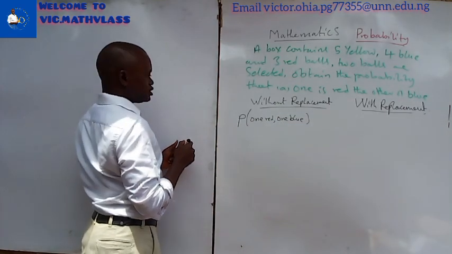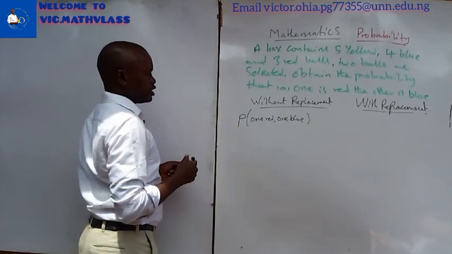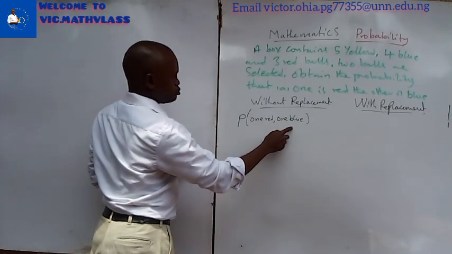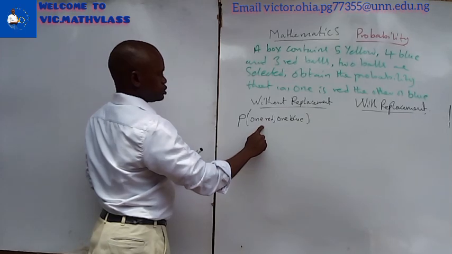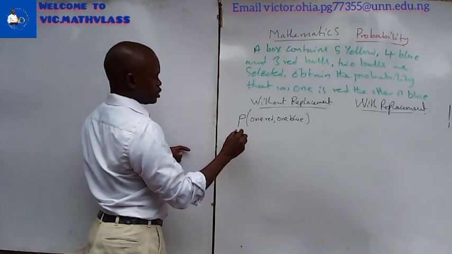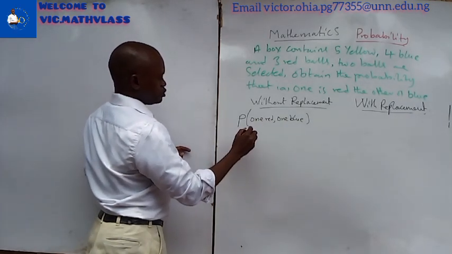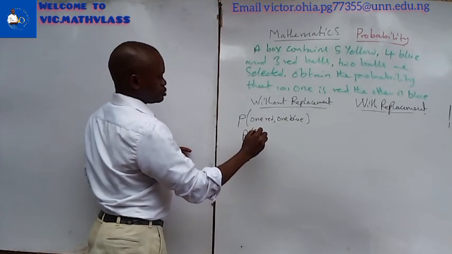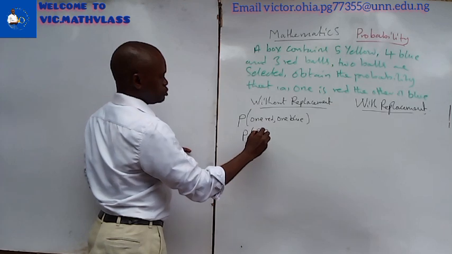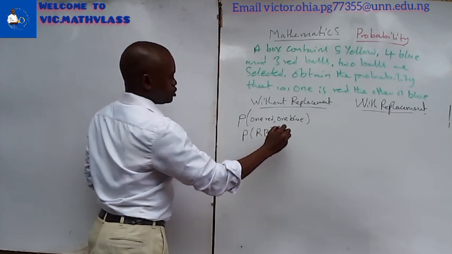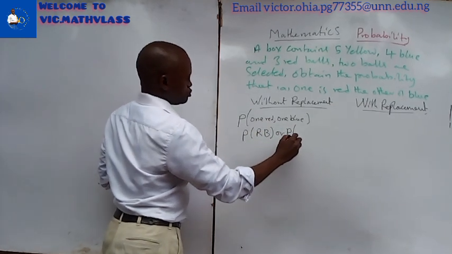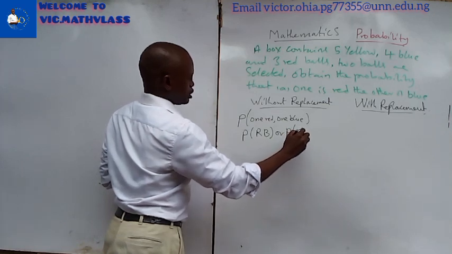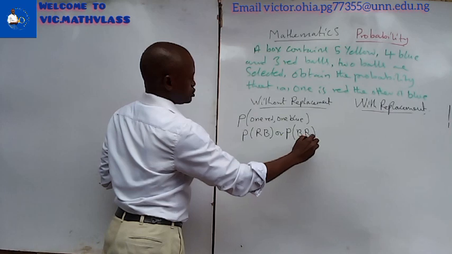Now, you realize here that this didn't define that the first is red and the second is blue, or the first is blue and the second is red. So in that case, what we are going to have is the probability of first being red and second being blue, or the probability of first being blue and the second being red.